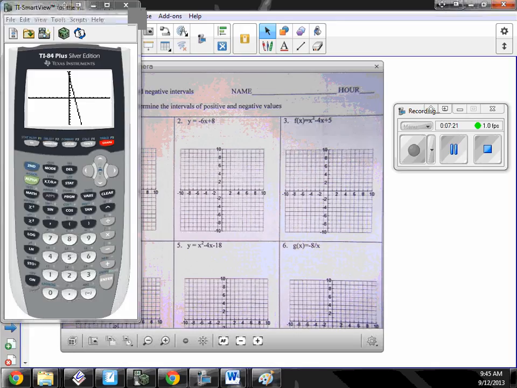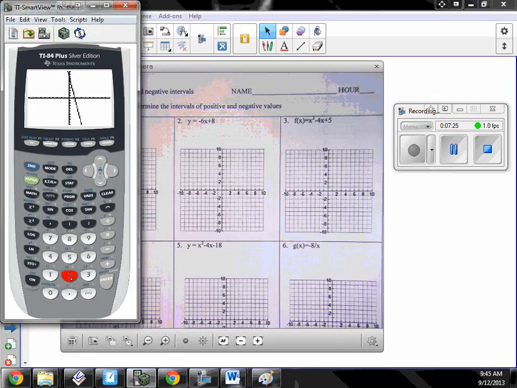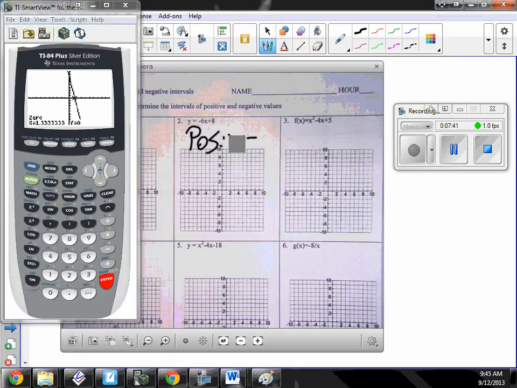Second calc, 0. And my bounds will be 0 and 2, and my guess will be 1. And my 0 is 1.33 repeating. So what would my positive interval of x be? What's the lowest number that gives me a positive value?